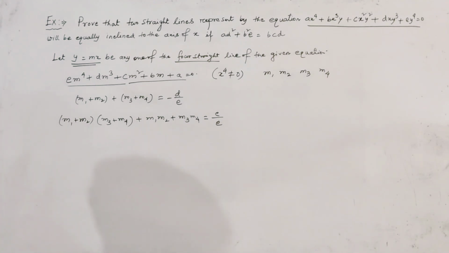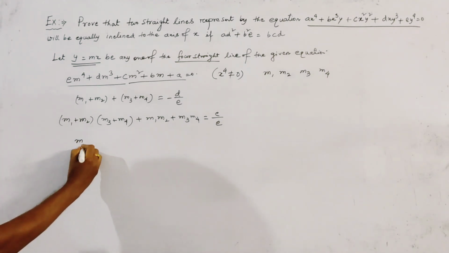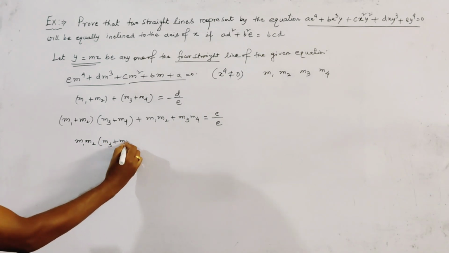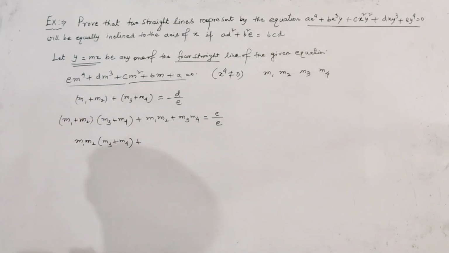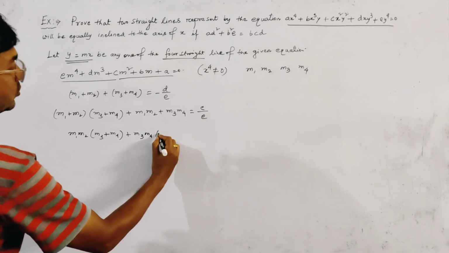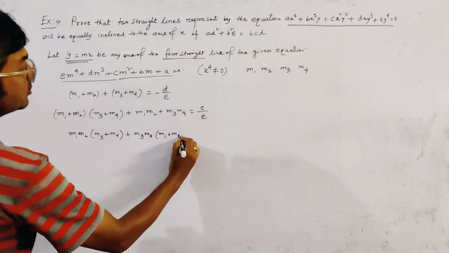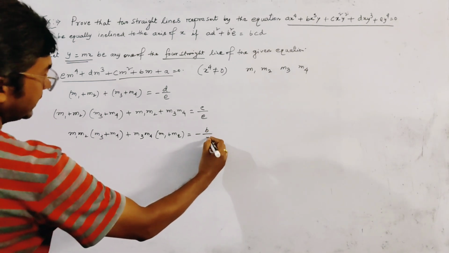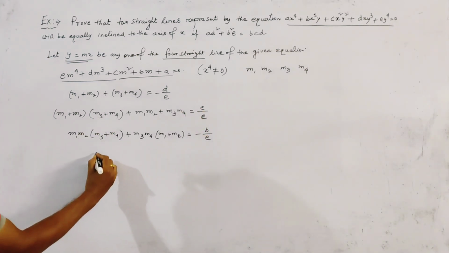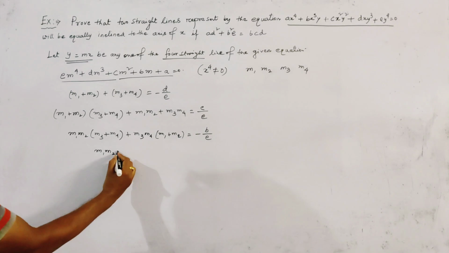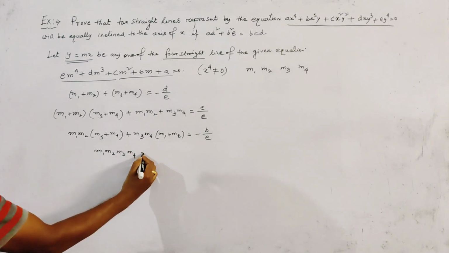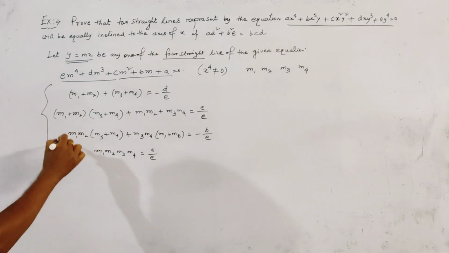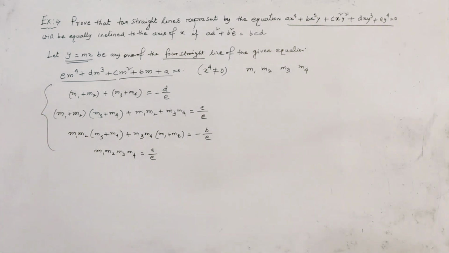The third relation is m1m2(m3 + m4) + m3m4(m1 + m2) = -b/e. And the last relation is m1m2m3m4 = a/e. We get 4 relations between roots and coefficients.